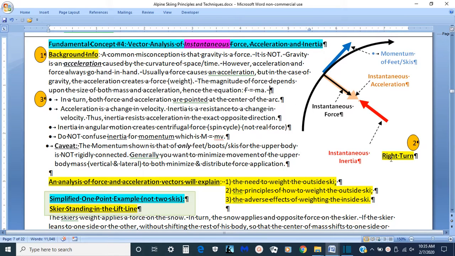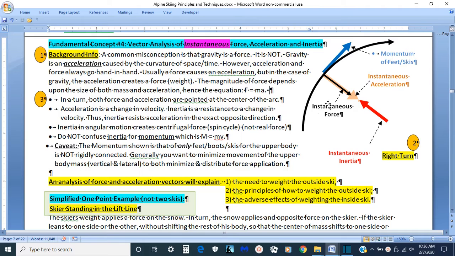For example, if you're in a right turn, at this moment in time, the force vector is directed towards the center of the arc, the center of a wheel, for example. And then acceleration, which is caused by that force, is in exactly the same line. And then inertia, which is a resistance to acceleration, is in the same line but pointed directly opposite.